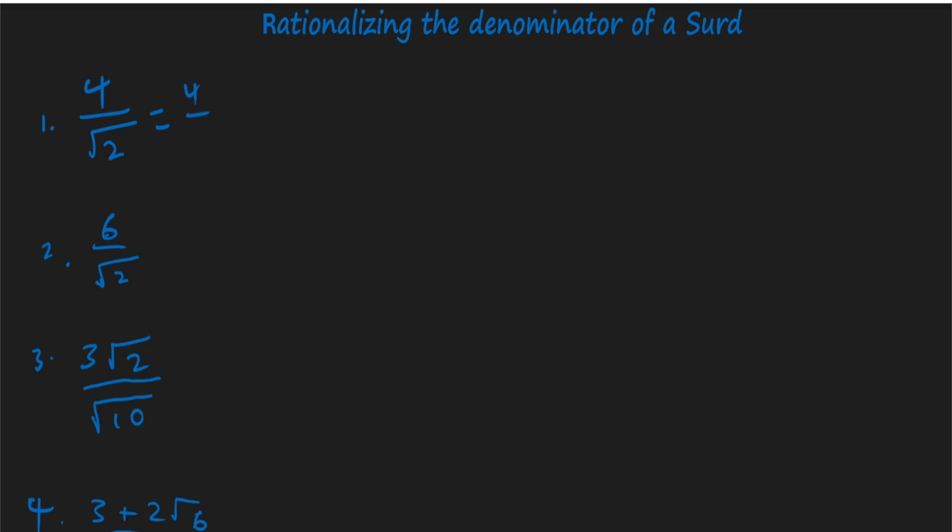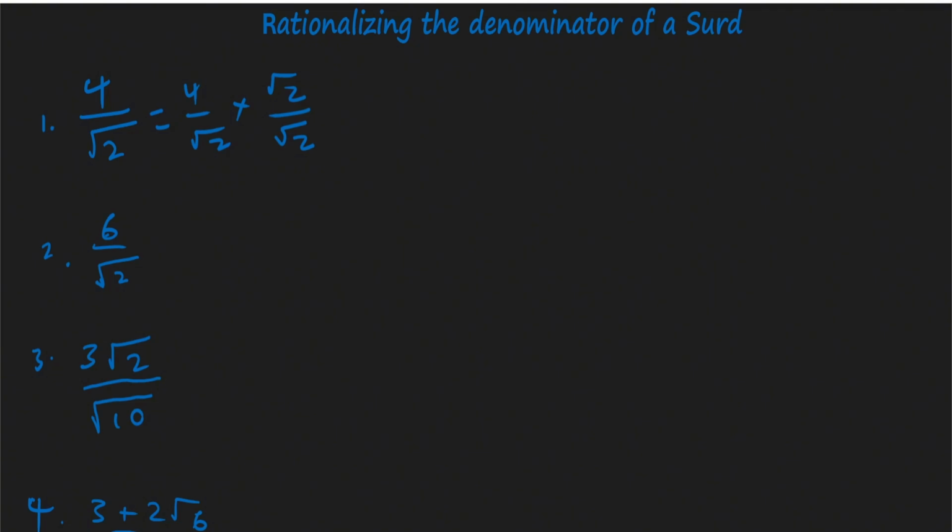The process is we want to multiply the numerator of the fraction by root 2 and multiply the denominator also by root 2.